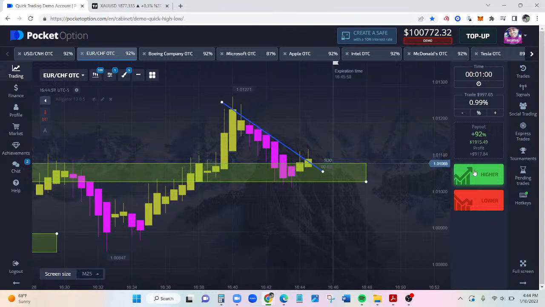Need to close over this trend line. It's not ready. Hopefully it'll be ready before I gotta get off.